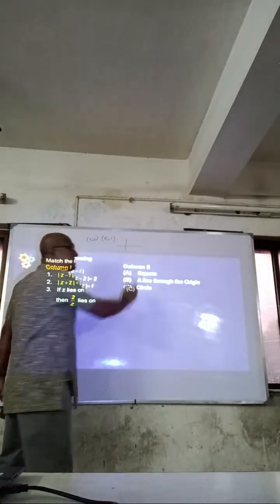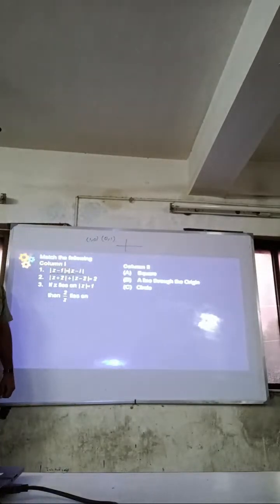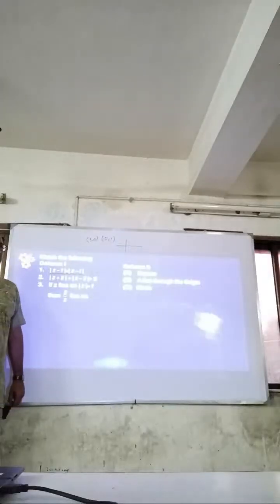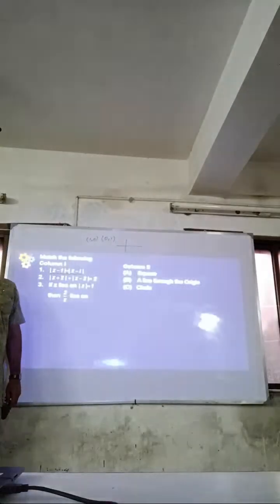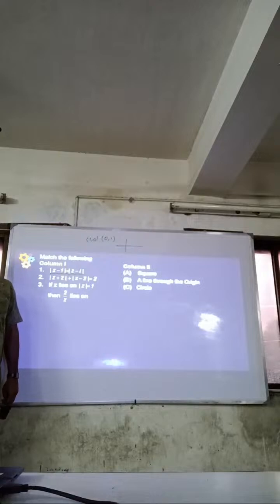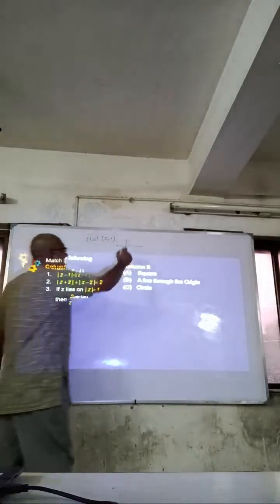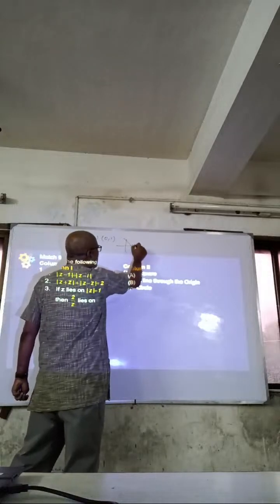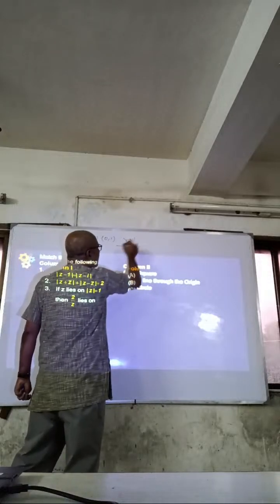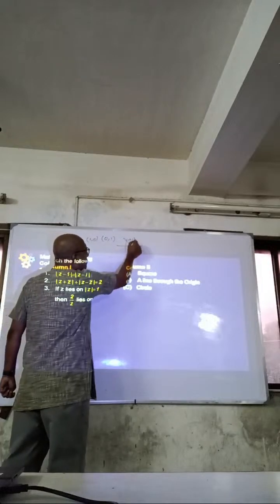And what is the equation of this line? Can you tell me? What would be the equation of the line if I ask you? Y equals to 0 is the x-axis. X minus y equal to 1. Your line is like this. This is 1, 0. This is 0, 1. So what is the perpendicular bisector?